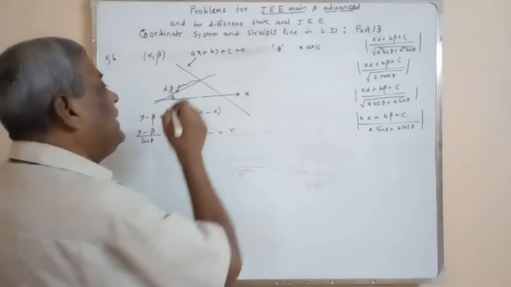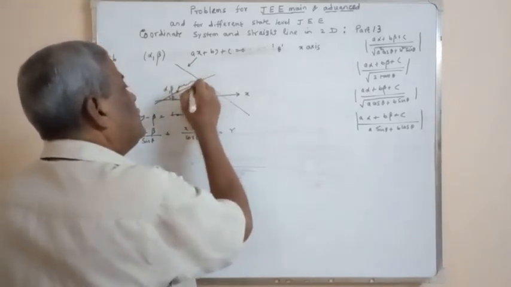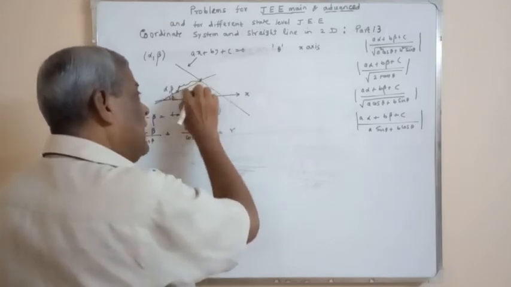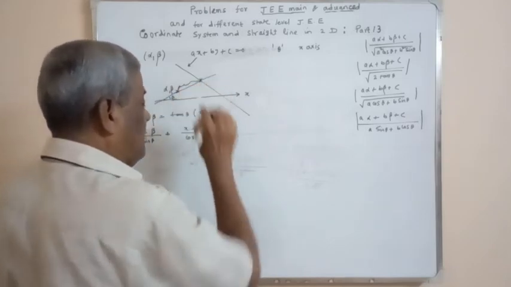And if I consider this point, this is our required distance. If I consider this point, then r is this.